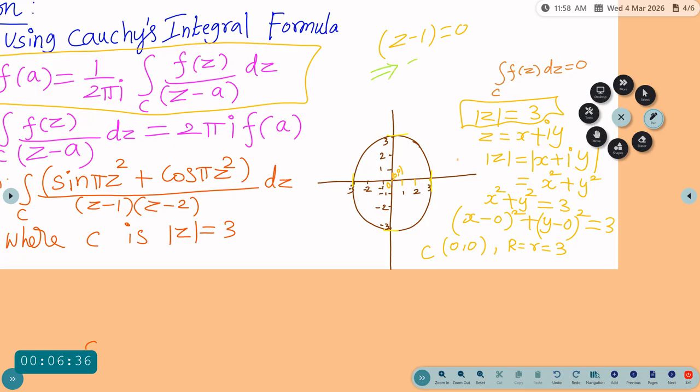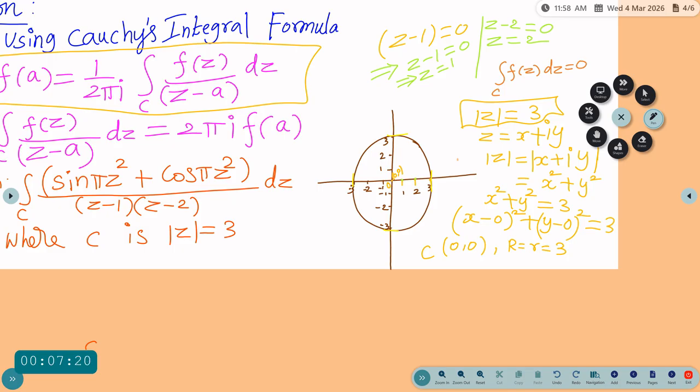This implies z equal to 1, which is this point in the graph. Similarly, z minus 2 equal to 0 implies z equal to 2, marked in this place.